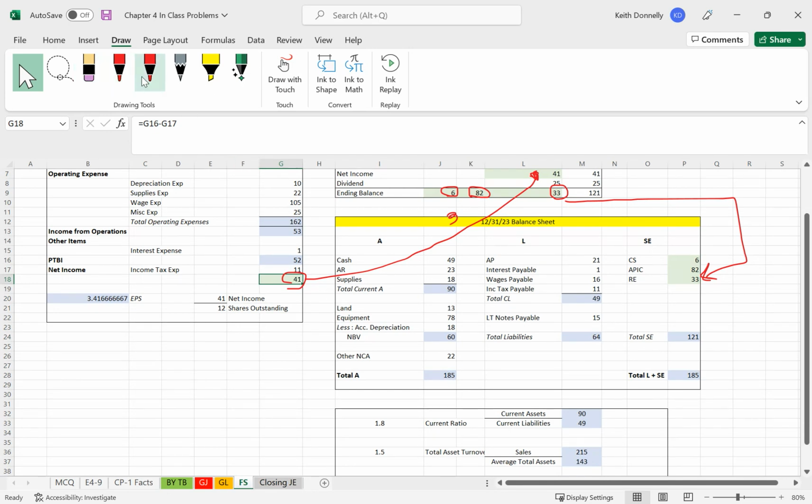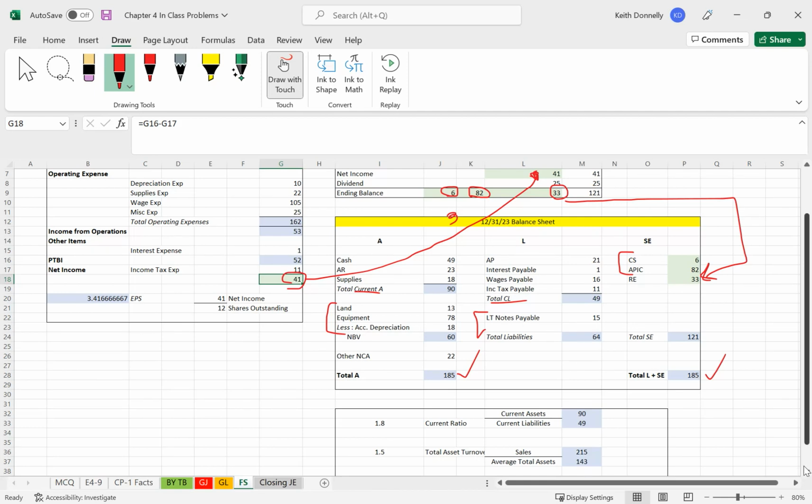Our total assets are going to equal our total liabilities and stockholders' equity. Break it out between current and non-current assets, current and non-current liabilities, and between common stock and APIC.